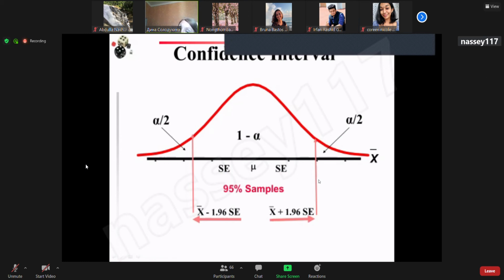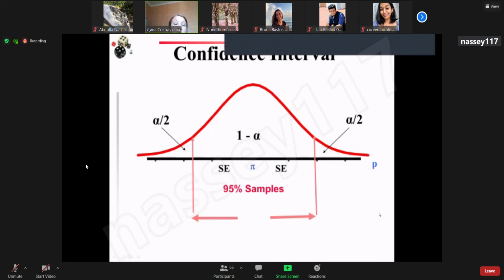So if you have very large confidence interval, it means uncertainty level is high. If you have very narrow confidence interval, it means you are quite certain about estimation of the parameter, and it shows an accurate estimation of population parameter.